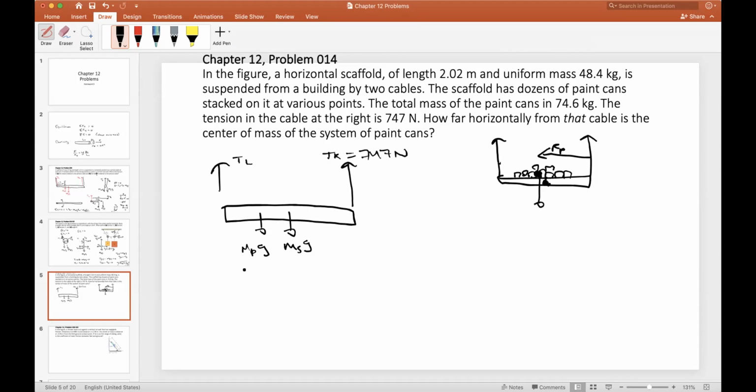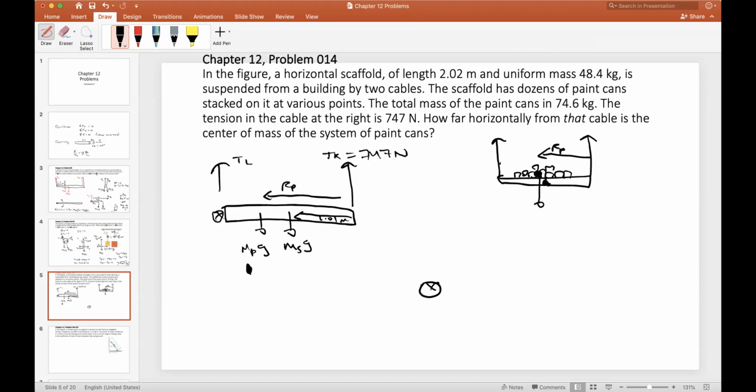What we don't know is how far away from this. We don't know what R to the paint cans are. We do know that the scaffold, at least in my problem, is 2.02 meters in length. So this is going to be 1.01. So let's redraw this over here as a torque diagram about the left.